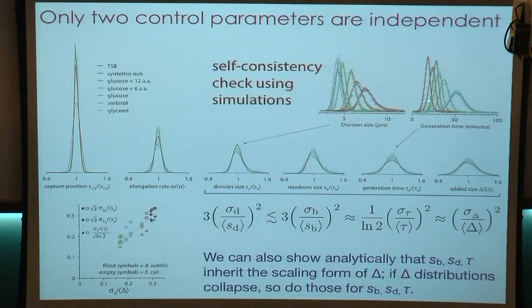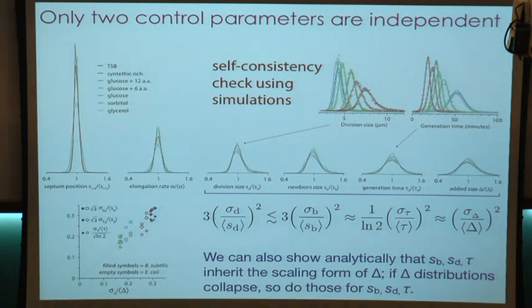So this is the comparison of the simulations with the data. And they went even further, and understood that if we take this argument seriously, we can actually show how the CVs of these four distributions must be related to one another. These parameters are the division size, newborn size, generation time, and added size.